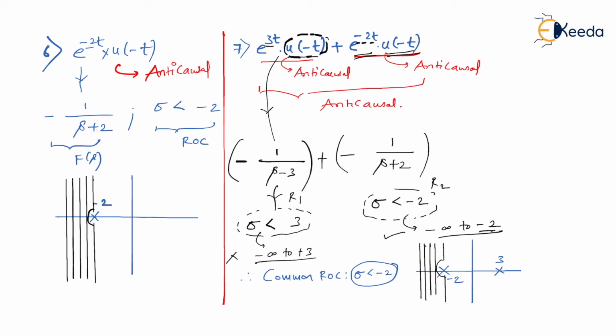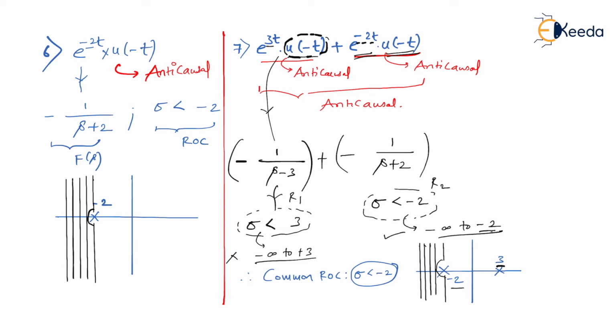So in an anticausal function, whenever we have multiple poles, we have to consider the ROC towards the left of the leftmost pole. I repeat, we have to select the ROC to the left of the leftmost pole. When I'm talking about two poles, minus 2 and 3, which one is the leftmost pole?